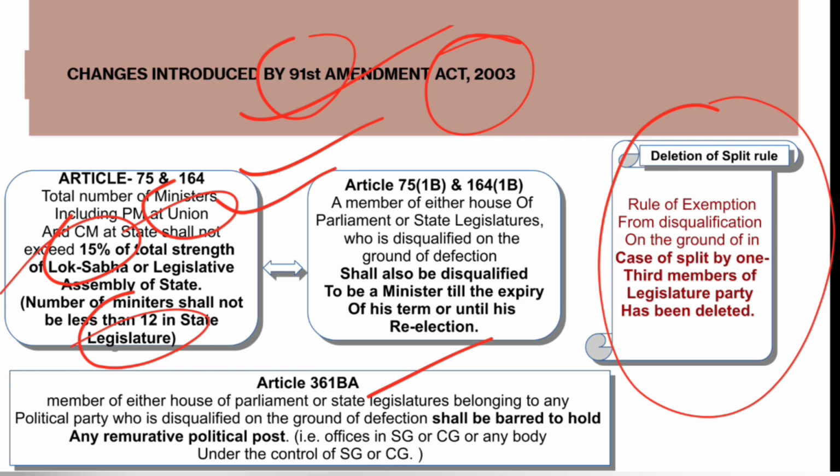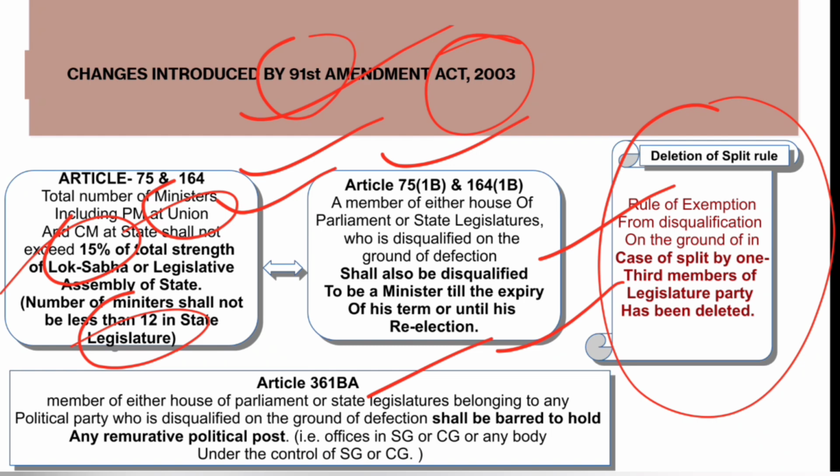And then also Article 75 1B and 164 1B was added, and it was provided that a member of either House of Parliament or state legislature who is disqualified on the ground of defection shall also be disqualified to be a minister till the expiry of his term or until his re-election, whichever is earlier.